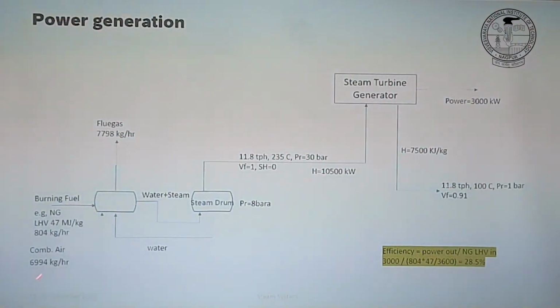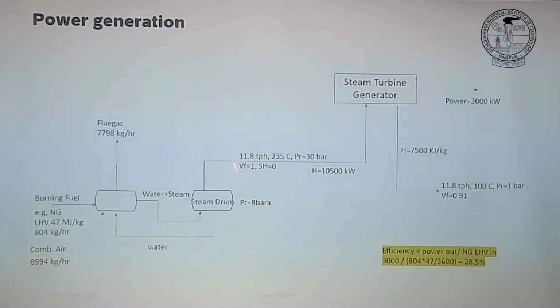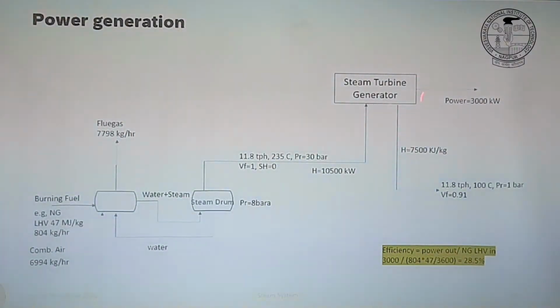So in the same example, we have natural gas, we burn it, that's the amount of flue gas. That's the amount of steam we produce at 30 bar for this example. We go and turn the turbine of the STG and generate power, somewhere around 3 megawatt.